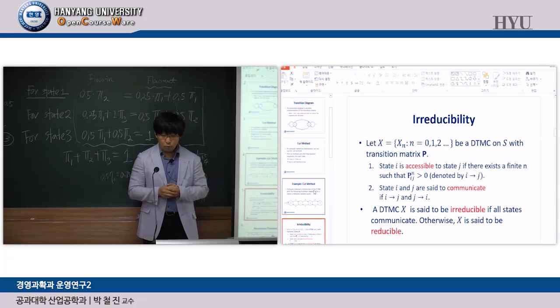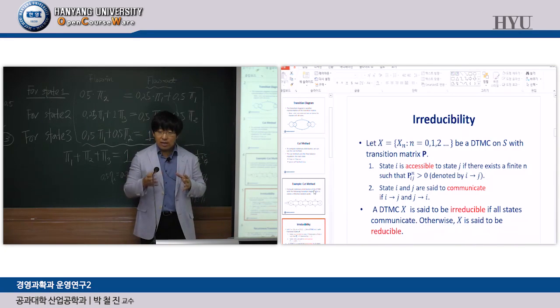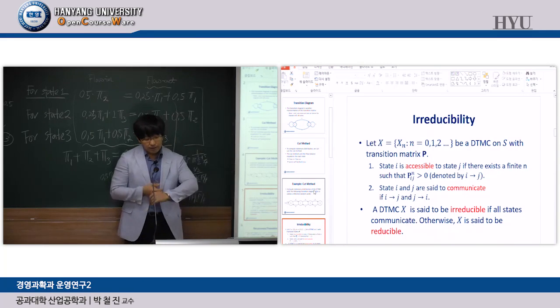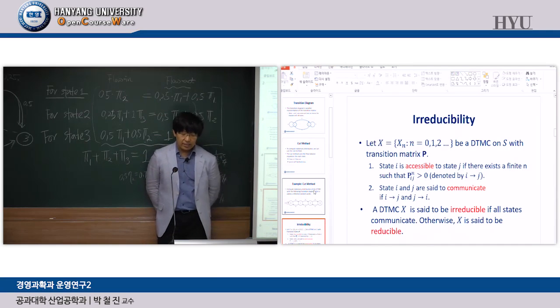So when you try to analyze a discrete time Markov chain, let's say this large X represents a discrete time Markov chain on a certain state space S with the transition matrix large P. For certain states I and J, this state I is accessible to state J if there exists any non-zero transition probability from I to J with finite n.